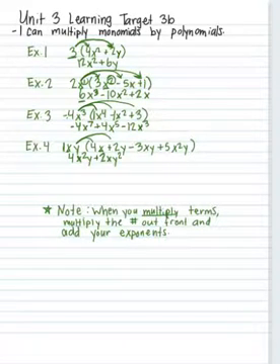Alright, xy times negative 3xy. Multiply your numbers, and we get negative 3. Between this term and this term, we've got x and x, so x squared, y and y, so y squared. And then we've got one more term to distribute to.